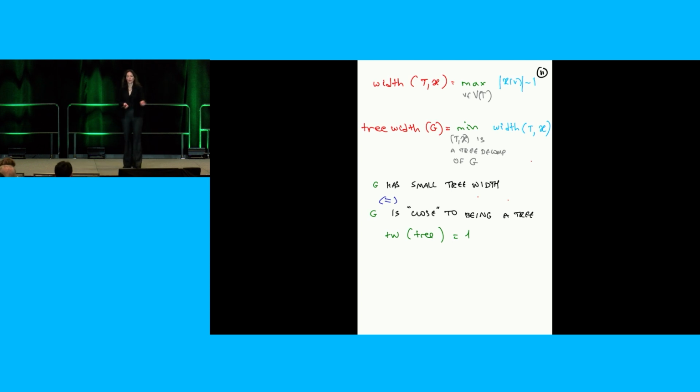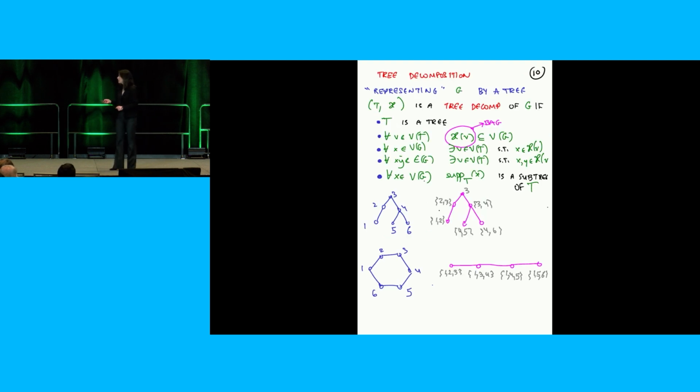So you look at all possible tree decompositions for this graph, all trees, all bags, and you take one with minimum width. That's the tree width of your graph. Now, why did I want minus 1 in the width? Well, remember when we had the tree, we built a tree decomposition with bags of size 2. But we want to say trees have tree width 1.